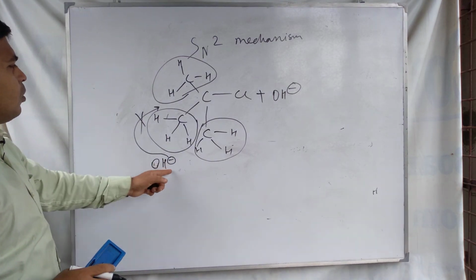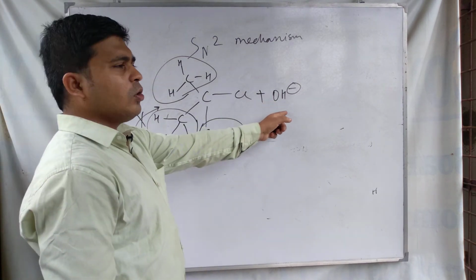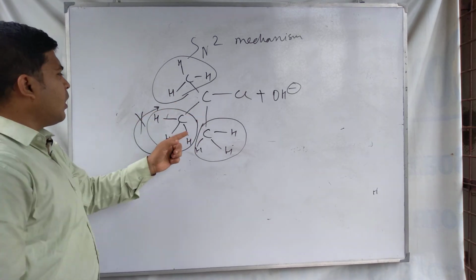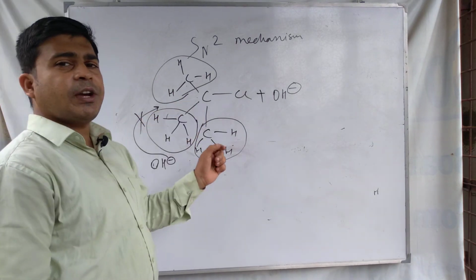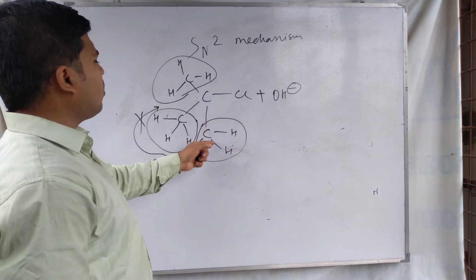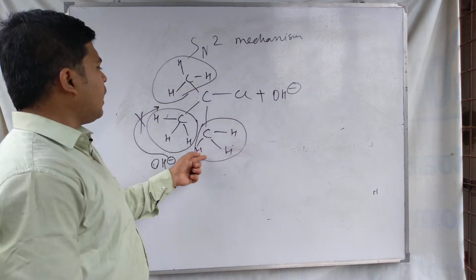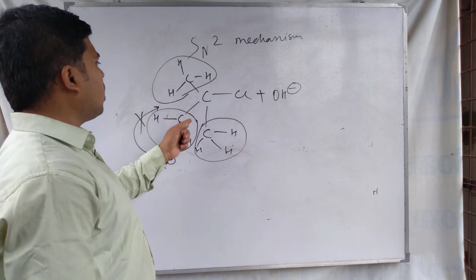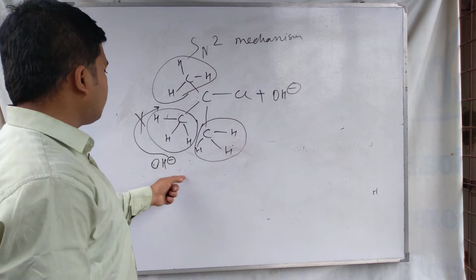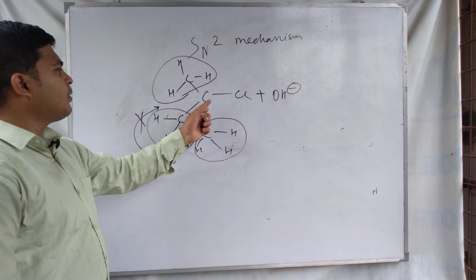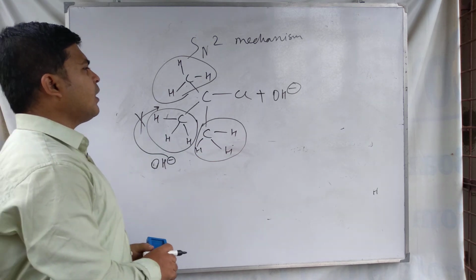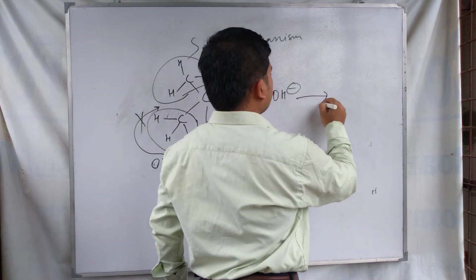when the nucleophile OH minus tries to attack from the back side, it cannot attack here, because of steric hindrance. The methyl groups make a hindered environment. For this reason, OH minus cannot attack the central carbon of the alkyl halide. As a result, there is no reaction.